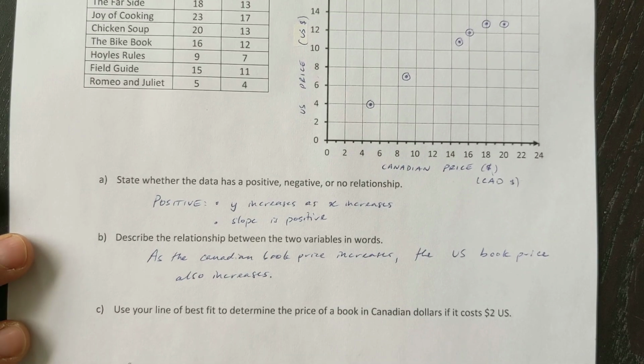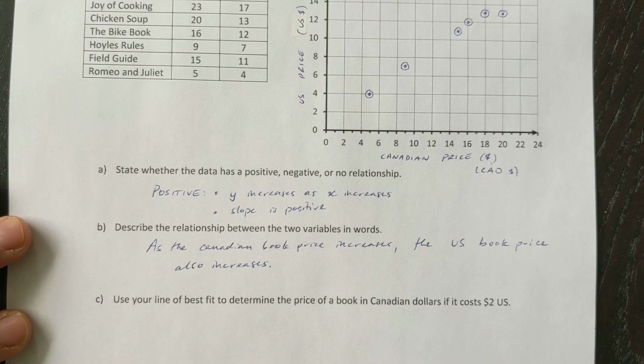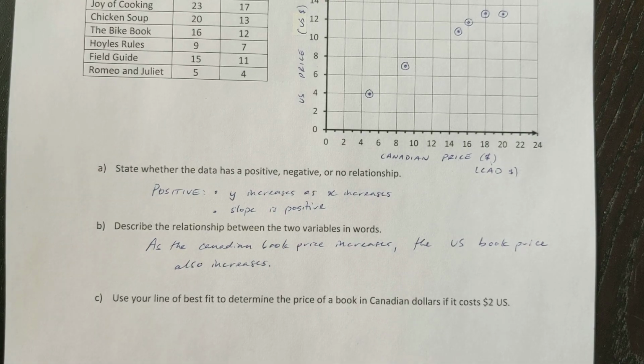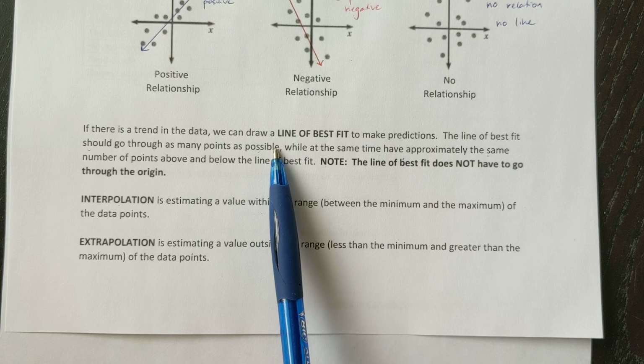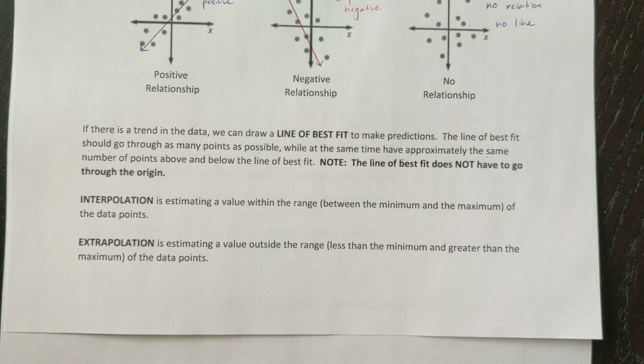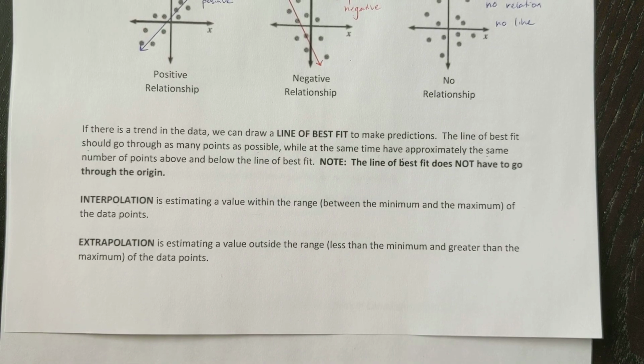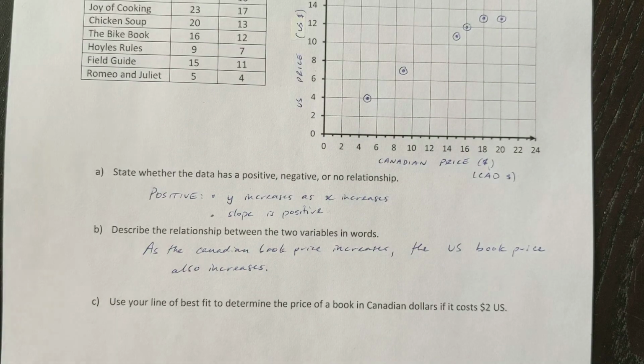Okay, so what I'm going to do now is I have not yet drawn a line of best fit. So remember, to draw a line of best fit, I'm going to try to go through as many points as possible and have approximately the same number of points above and below the line of best fit. So when you draw a line of best fit by hand, you do your best to follow those rules.